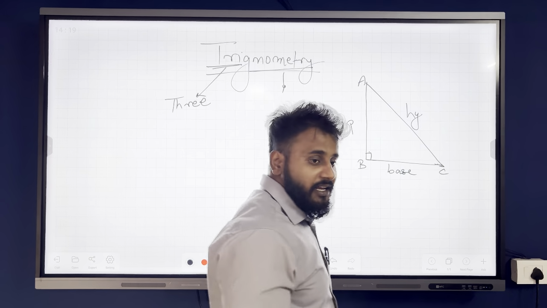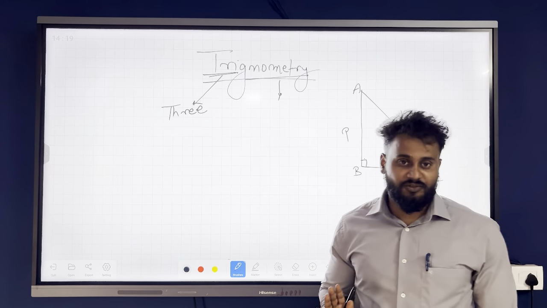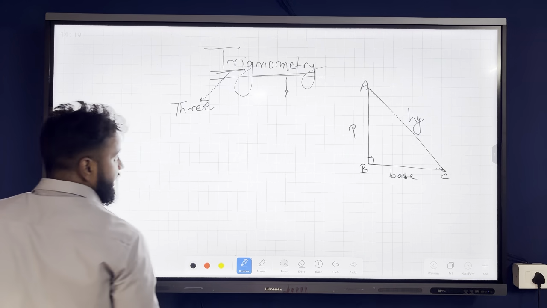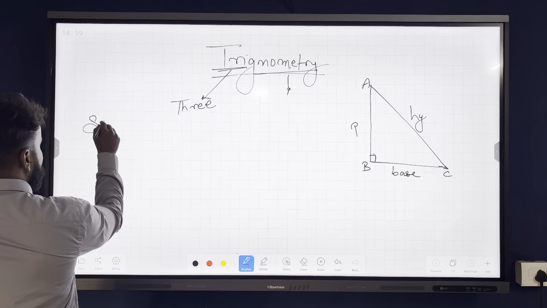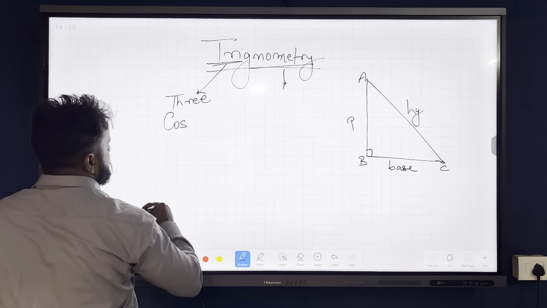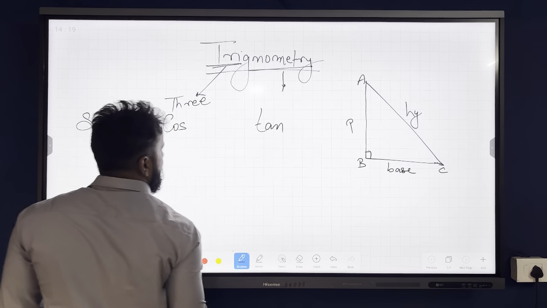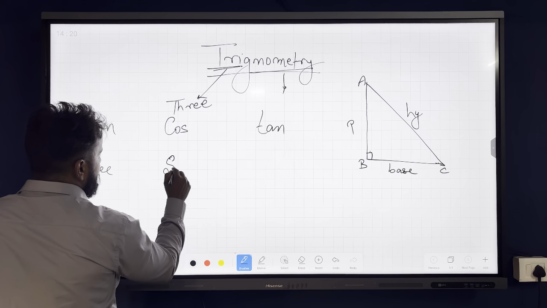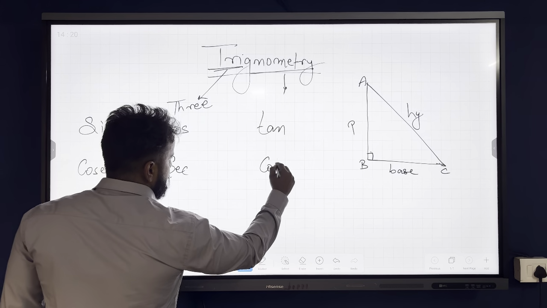In trigonometry we are going to use the 6 trigonometric ratios. The first one is sin, second is cos, and the third is tan. The next one is cosec, then sec, and lastly cot.